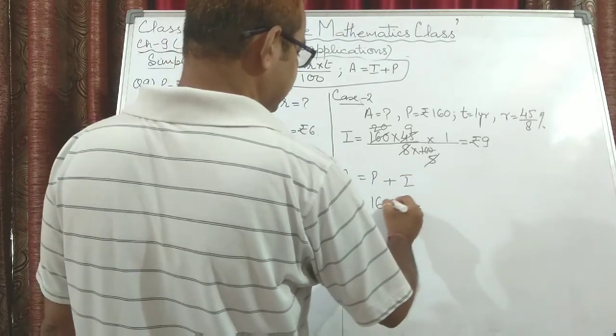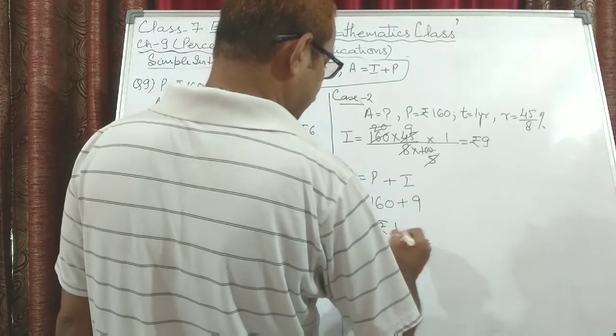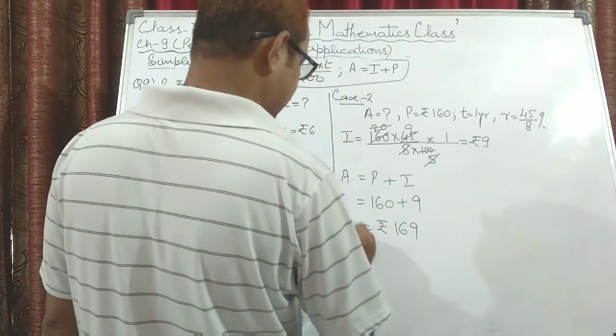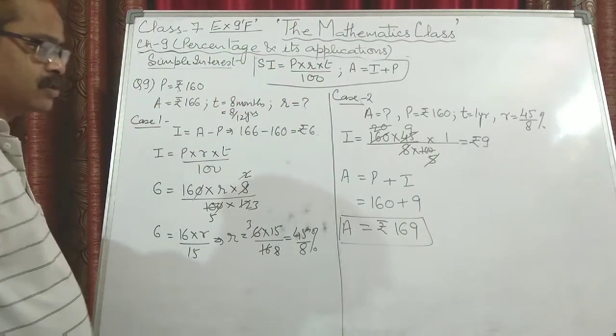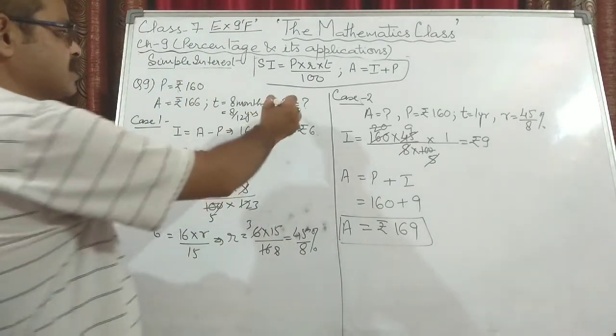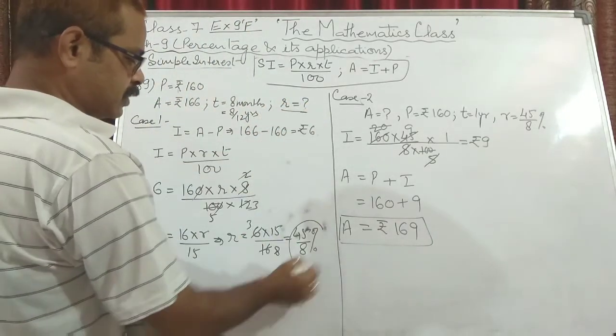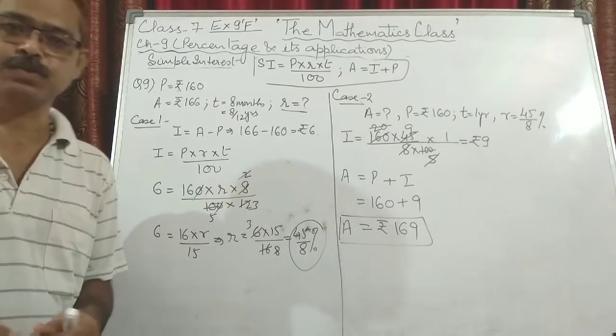Principal is 160 plus 9 rupees interest, so the amount will become 169. So rupees 160 will amount to rupees 169 in 1 year at the same rate of interest. And what was the rate of interest? 45 upon 8 percent. Now we move on to the next question.